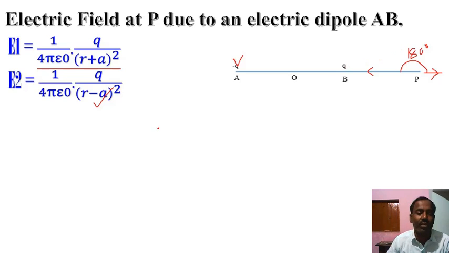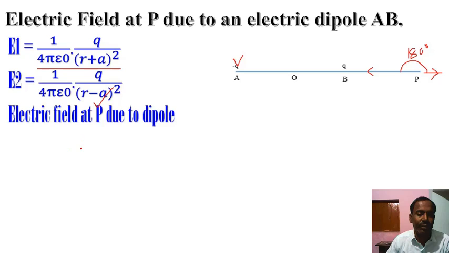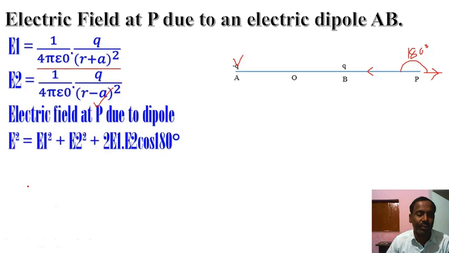Now we follow the parallelogram method and we find the electric field at P due to the dipole. According to the parallelogram law, E square equal to E1 square plus E2 square plus 2 E1 E2 cos 180 degree.